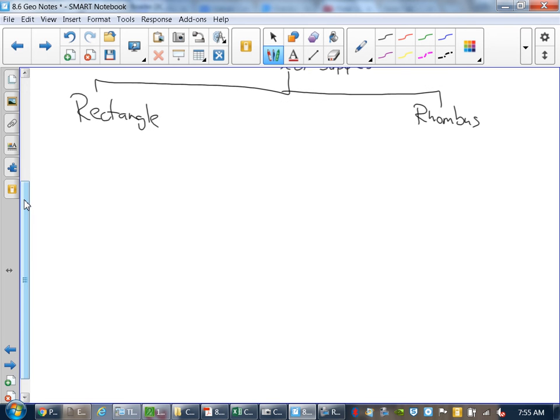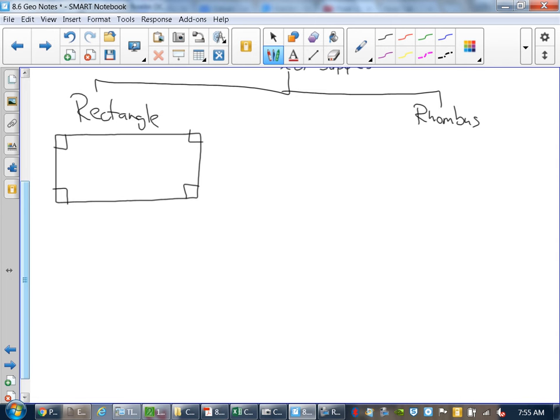Remember, it has all the properties of the things above it, but it has more specific things. For example, four 90 degree angles, very good. The four right angles. And what else? Two sets parallel. It has everything above it.